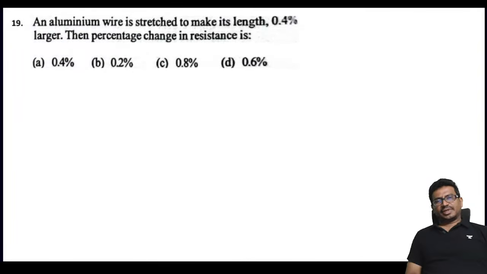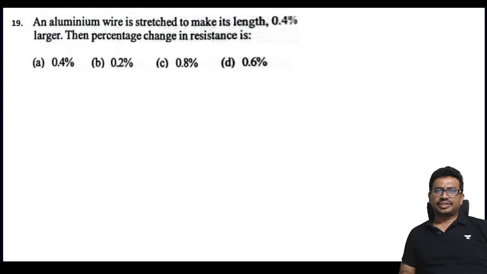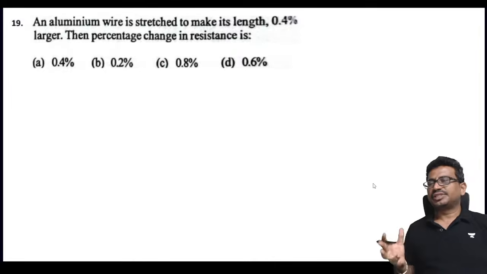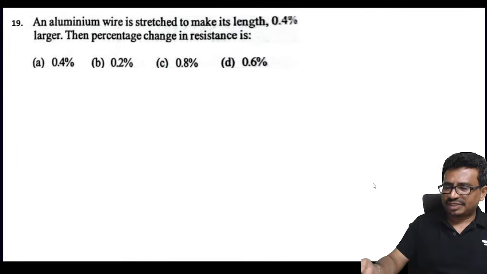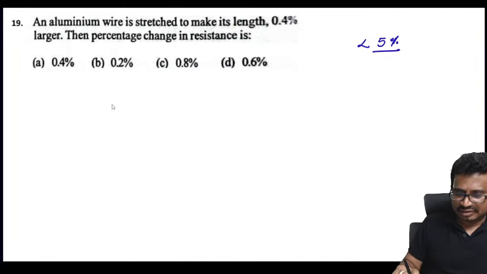Next. An aluminum wire is stretched to make its length 0.4. Whenever the change of any parameter is less than 5%, then we can directly do the analysis. The resistance is directly proportional to L squared now.